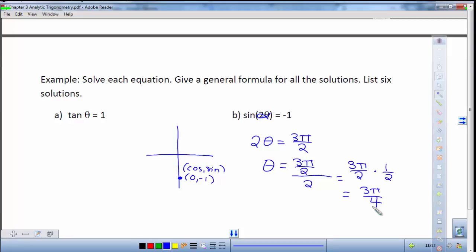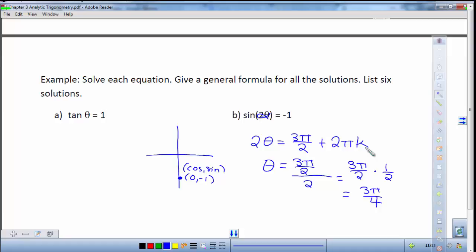Okay. This isn't wrong, but right here, I need to go ahead and start thinking about how often will I come back to this point, right? And so the period for sine is what? 2 pi, right? So we're going to say plus 2 pi k, where k is an integer.